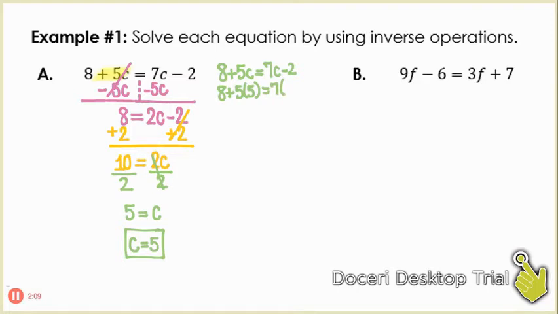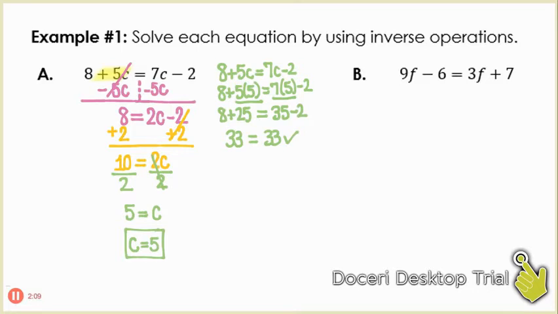So if I substitute 5 in for c, this should make a true equation. 5 times 5 is 25. 8 plus 25 is going to give me 33. That means the other side should also be equal to 33. 7 times 5 is 35. 35 minus 2 is 33. It made our equation true, so we know our answer is correct.